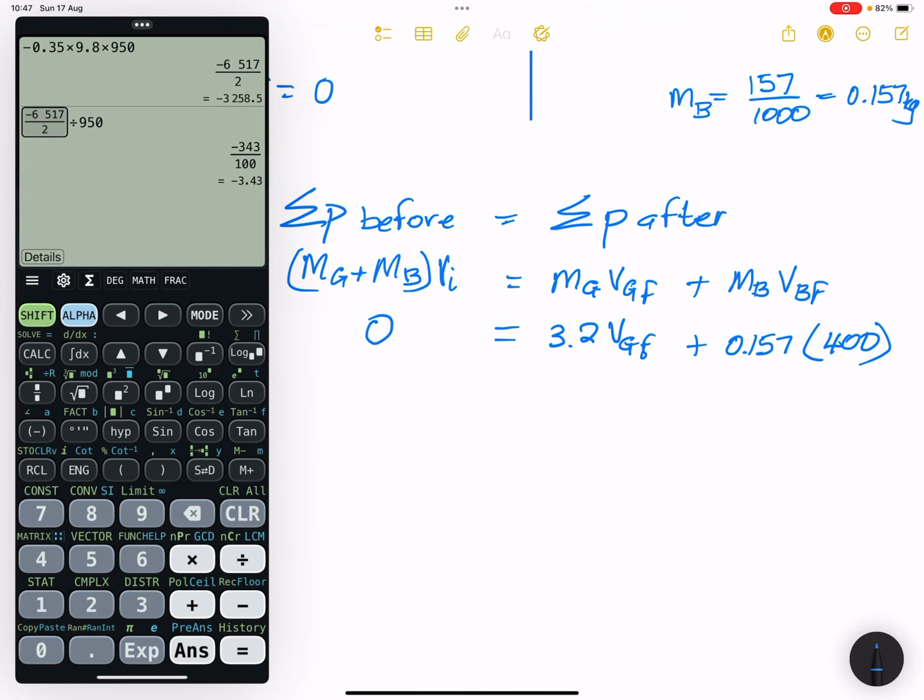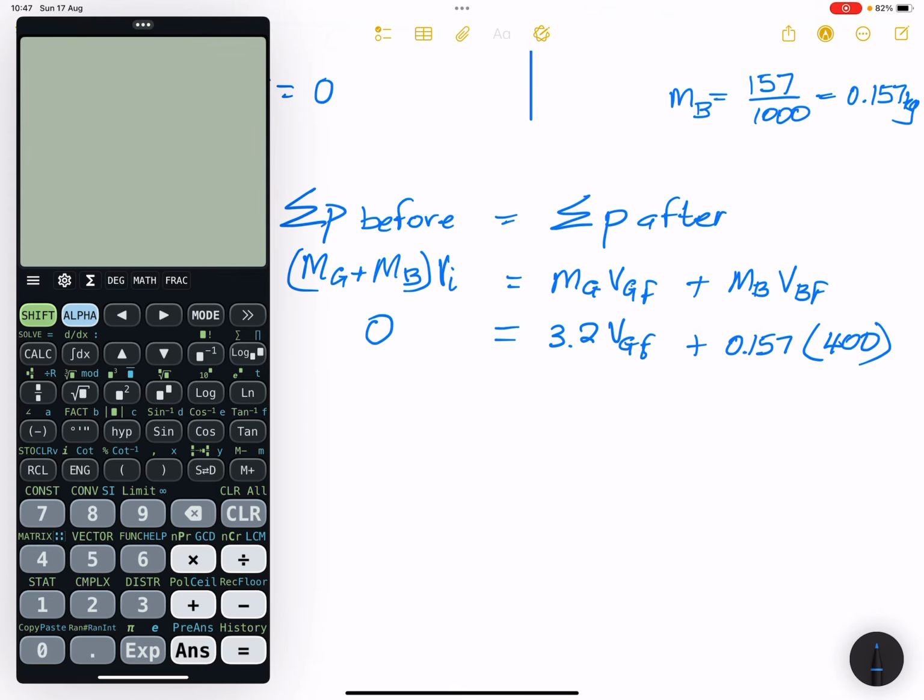Right, so let's try and calculate. So we've got 0.157. In fact, if we take it to the other side, 157 multiplied by 400, that gives us 62.8, and if we take it to the other side, it becomes negative 62.8. This is equal to 3.2 times the final velocity of the gun. And we're going to divide this by 3.2.